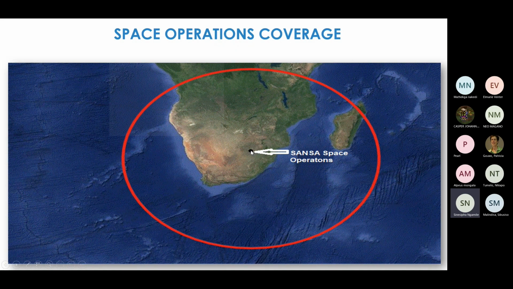Once the satellites in outer space move over this boundary, then we cannot see. That's when another country comes into the fold and assists with monitoring the satellites in other parts of the world. But essentially, like I said, we monitor, track satellites, and download information from those satellites.